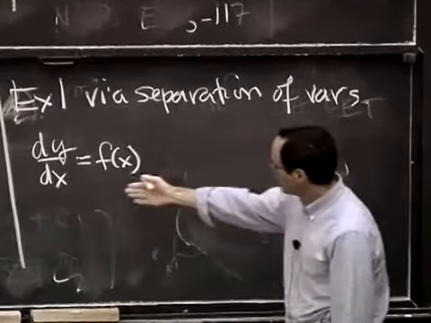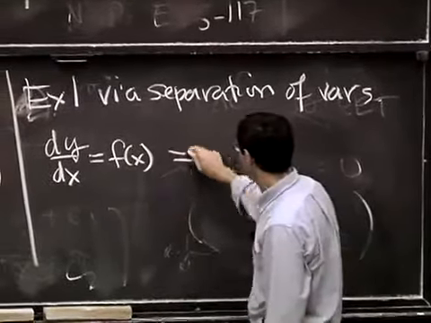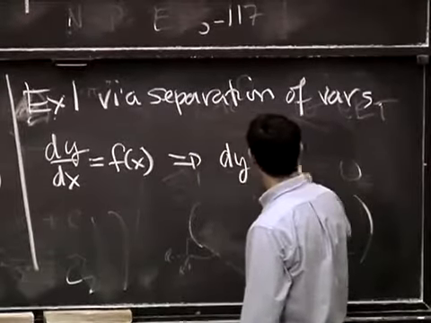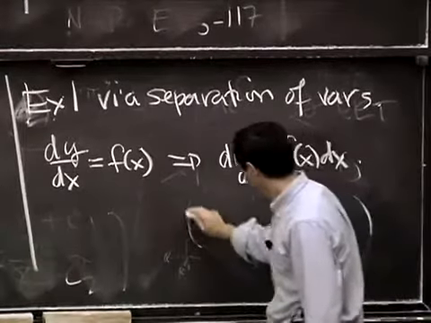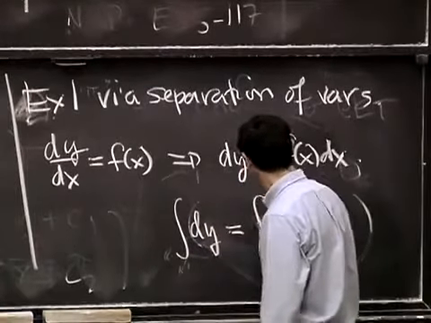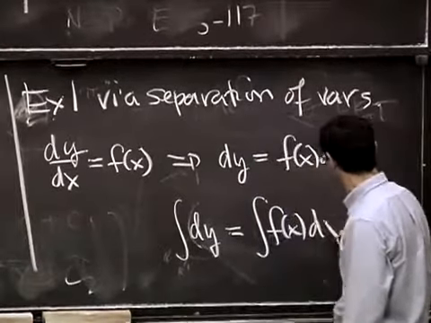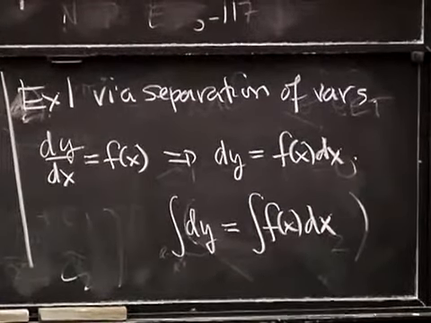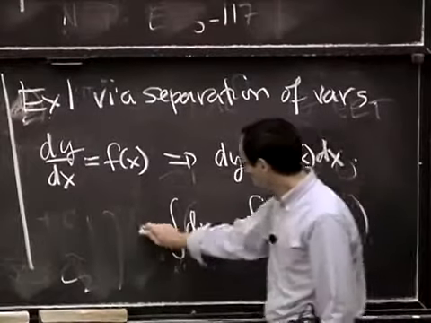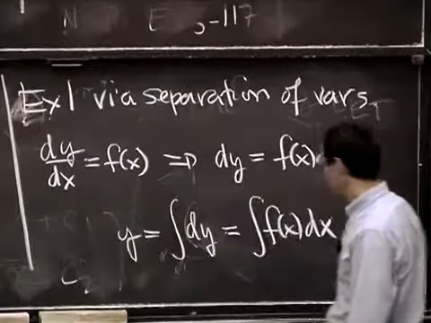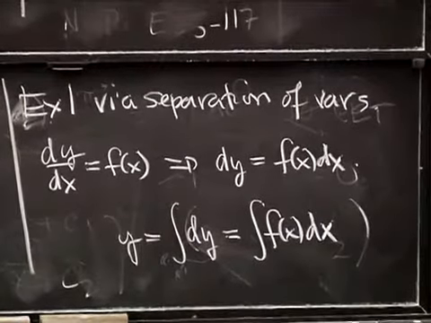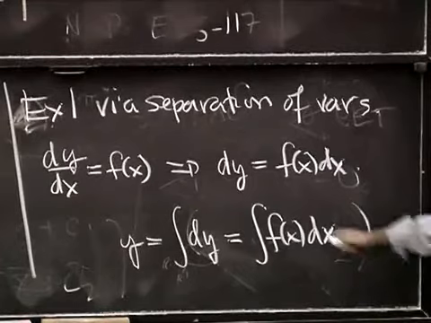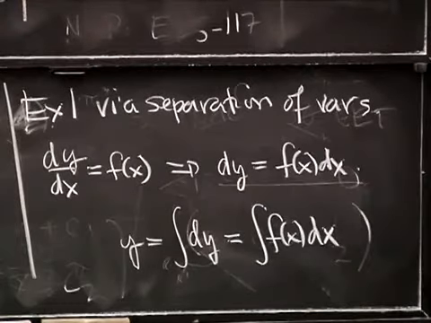The separation just means you put the dx on the other side. So this is dy equals f of x dx. And then we integrate. The antiderivative of dy is just y. So this is the solution to the problem, and it's just what we wrote before. It's just a funny notation, and it comes to the same thing as the antiderivative.